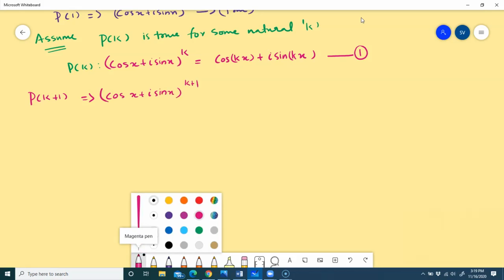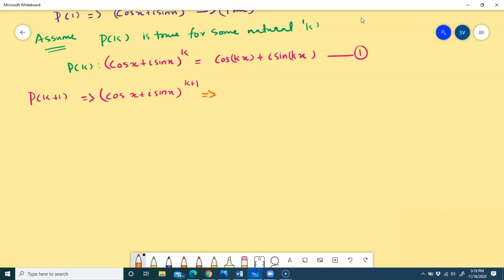You know the power of exponent, right? So we can rewrite this as (cos x plus i sin x) to the power k times (cos x plus i sin x), because that is the rule of exponents.